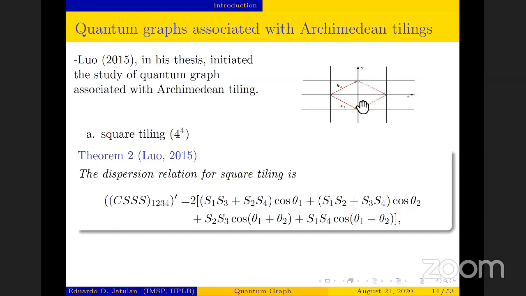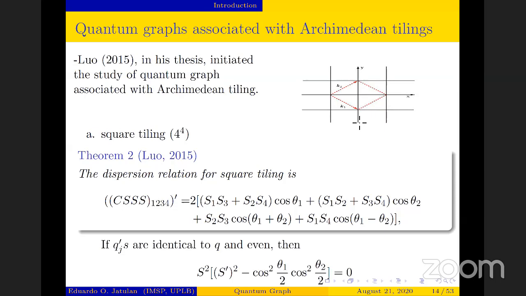He came up with this result, the dispersion relation for the square tiling, considering a different potential along each edge in this fundamental domain: Q1, Q2, Q3, Q4. Then we come up with this dispersion relation. But if we assume that our potentials here are all the same and even along this edge, we can simplify this further and come up with this simplified version of the dispersion relation.